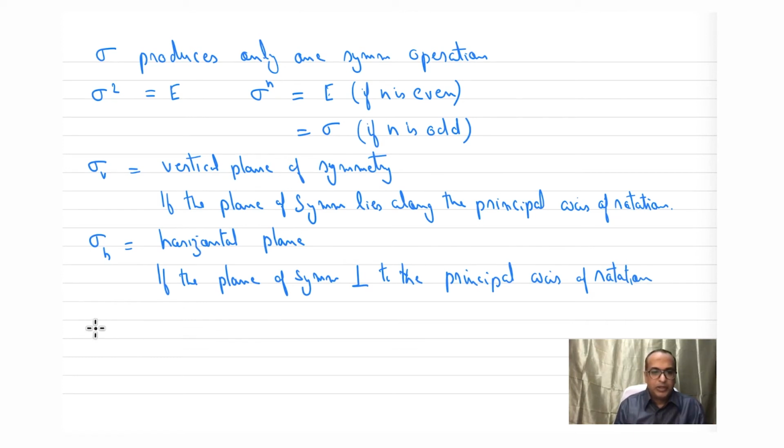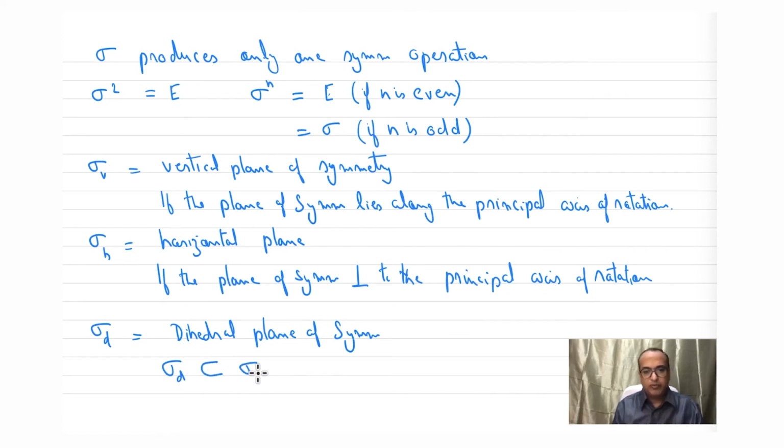Now let us look at the most crucial one, crucial in the sense that it is sometimes difficult to judge which one is sigma d and which one is sigma v. The dihedral plane of symmetry. So sigma d is a subset of sigma v.